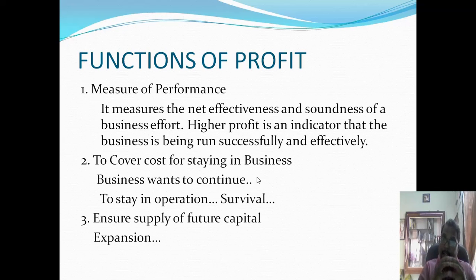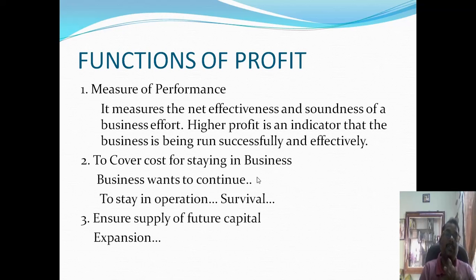The main objective of the profit is to stay in the business. So to cover this cost, the profit is needed, and the business wants to continue, to stay in operation, and to survive. So for the survival and to continue the operation, the profit is important, and so it is considered the second important function of profit.